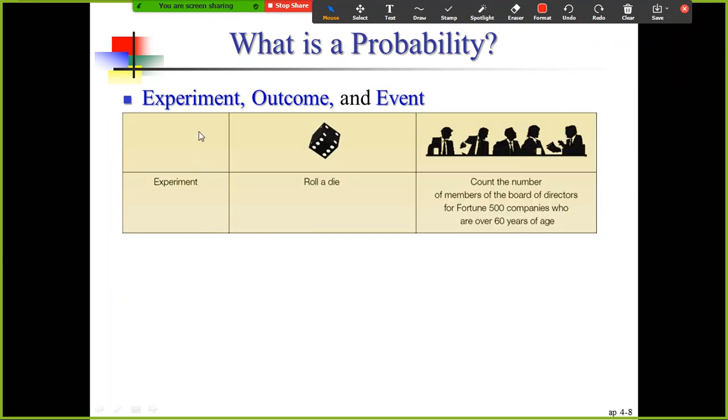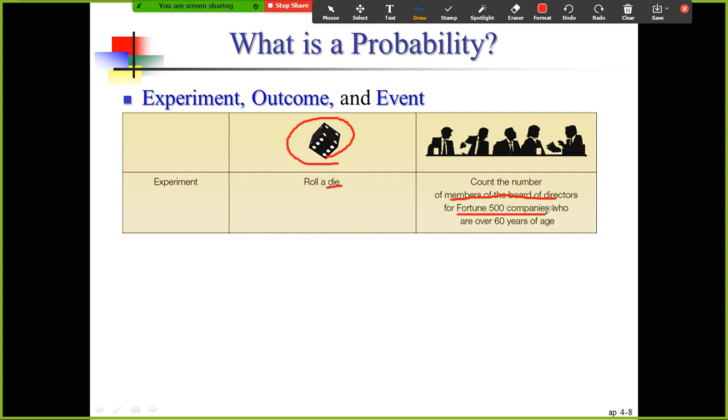This is another example of experiment, outcome, and event. This is a die. We call it a die here. Did you know this is a die? And this is the number of members of the board of directors for Fortune 500 companies who are over 60 years of age.